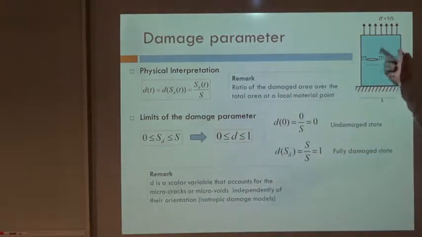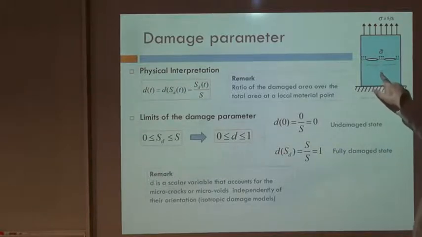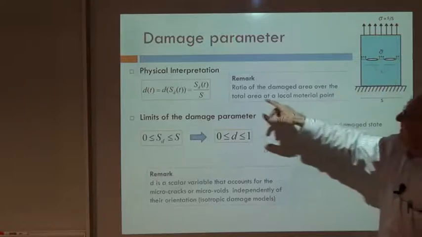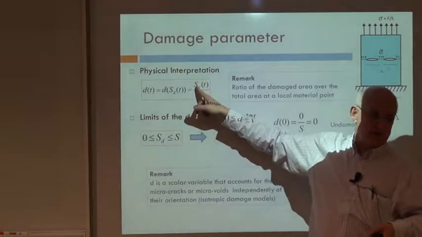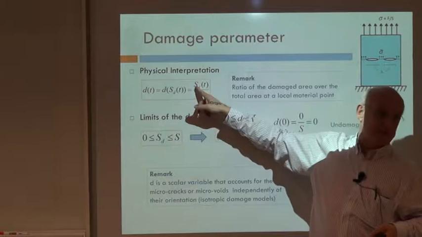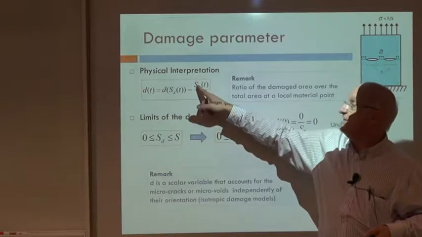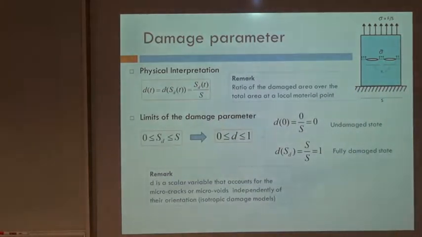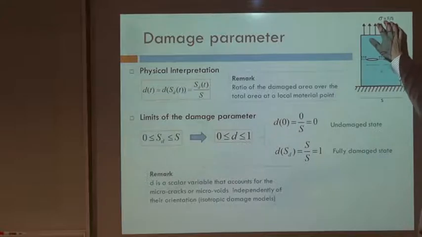And probably, if we keep increasing the loads, or at least the strains, then that damage also propagates, and this surface also increases. But there is a maximum value for this, which is when SD, the damaged surface, is the total surface. At this point, we should expect to have completely broken the specimen and the carrying capacity of the specimen be reduced to 0.